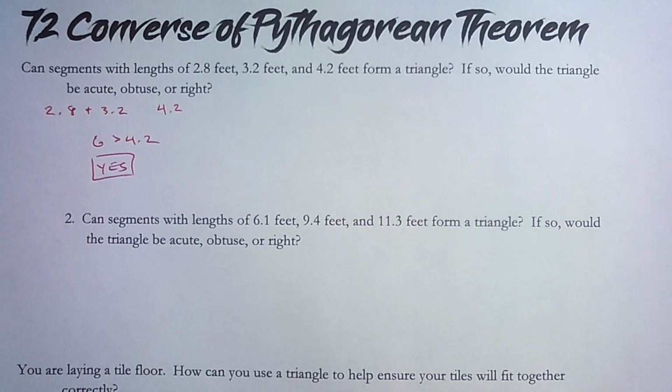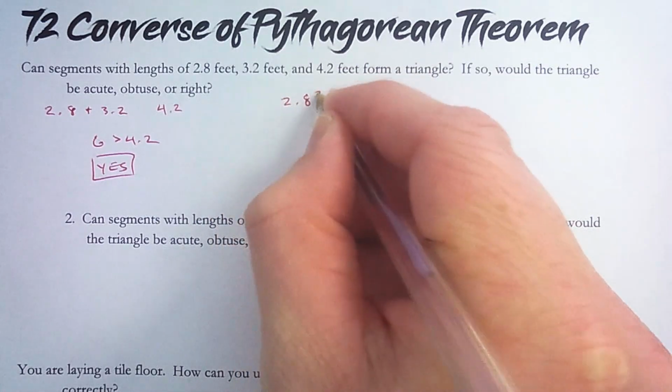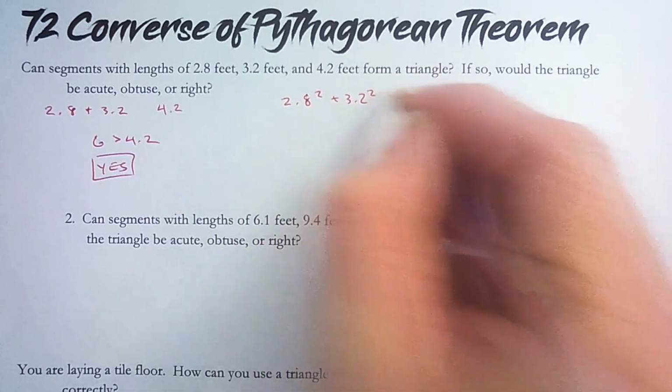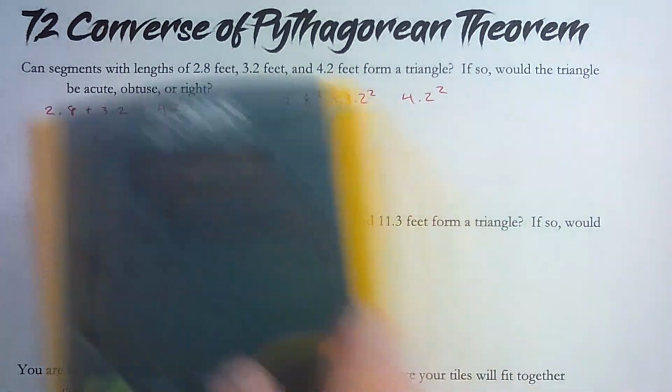Now, we'll use the converse of the Pythagorean theorem to decide if it's going to be acute, obtuse, or right. So 2.8 squared plus 3.2 squared compared to 4.2 squared.